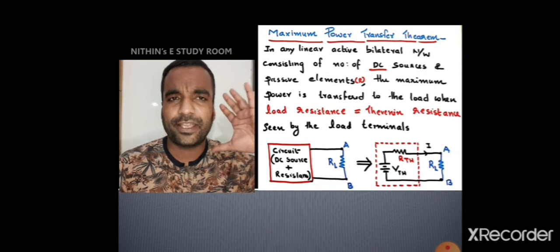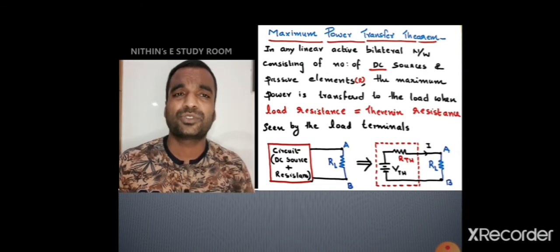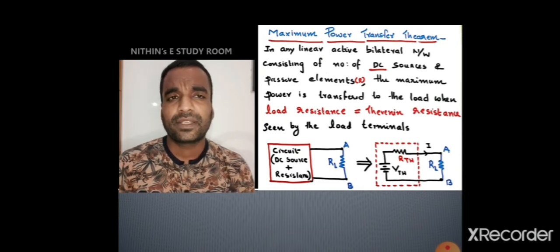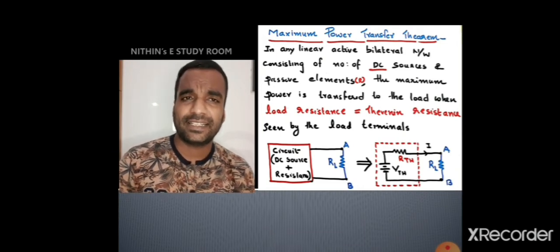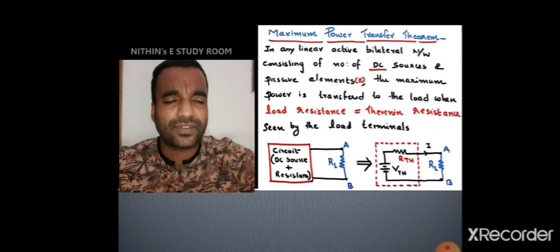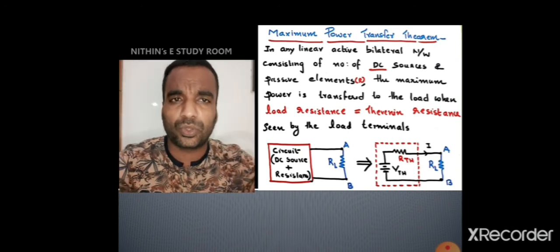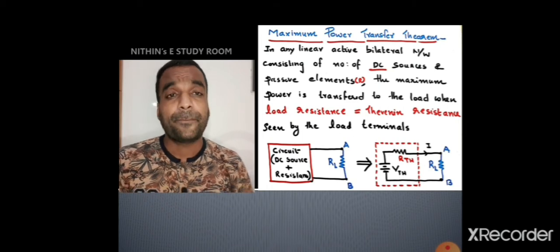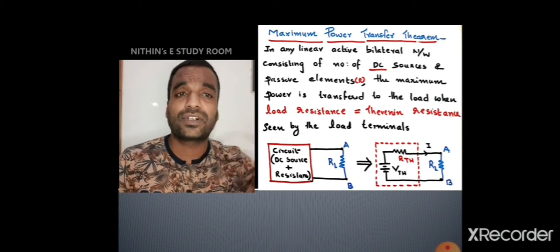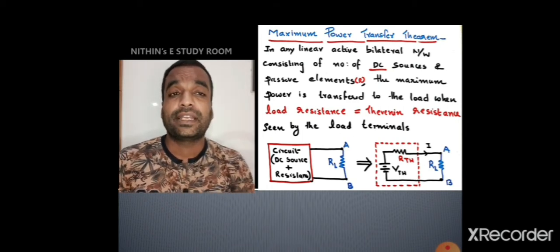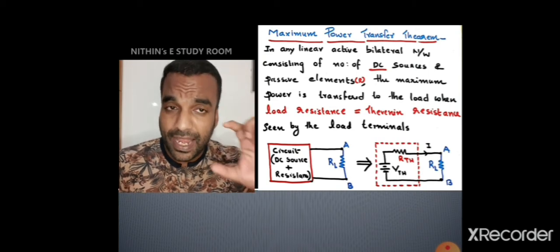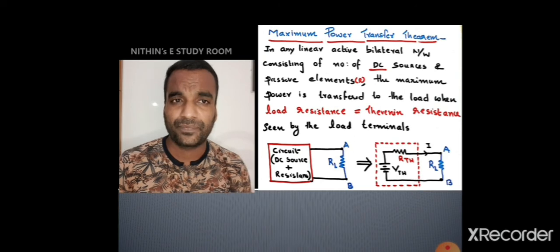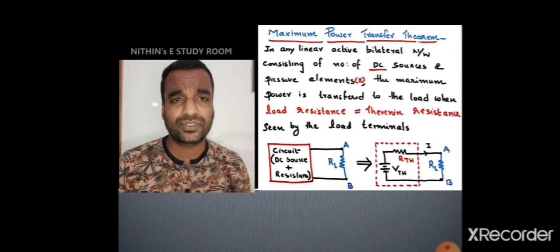If we have a big network that may consist of a number of sources and elements, and the entire network is supplying some load, or you identify some branch as a load, then maximum power is transferred to the load when that particular value of load resistance is equal to the Thevenin resistance of the circuit.